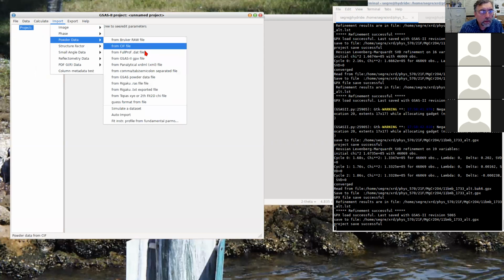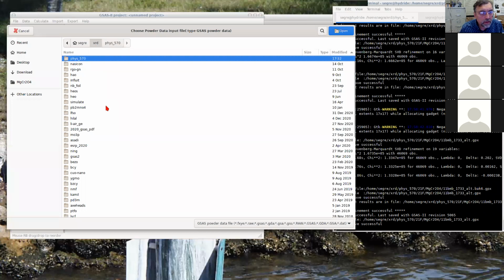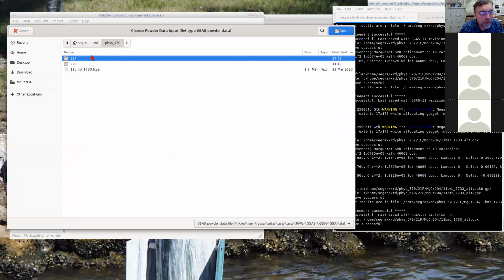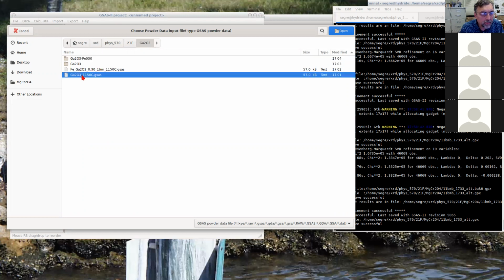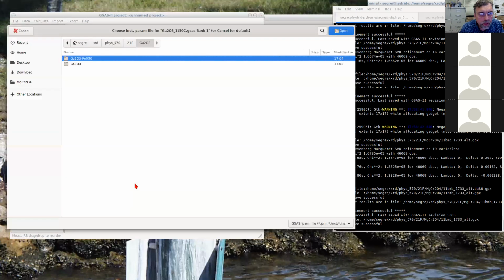Import powder data, GSAS powder file. Let me see what I got. Physics 570, 21F. Let's go to gallium 203. So this is data that we just have picked up recently. This is gallium 203. This is the one I want.